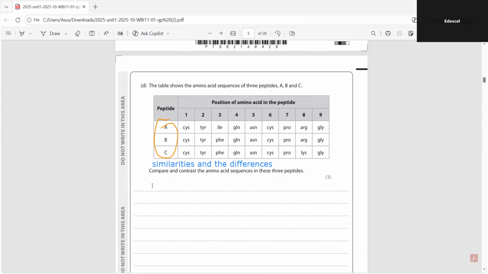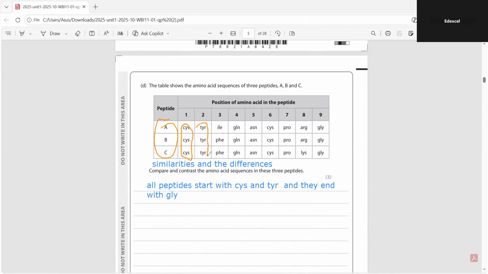So in this part, let's see the similarities. First you can write that all peptides start with CYS and TYR, and they end with GLY, right? Let me show you through the table. In this table, you can see CYS is always at the start for all 3 peptides.